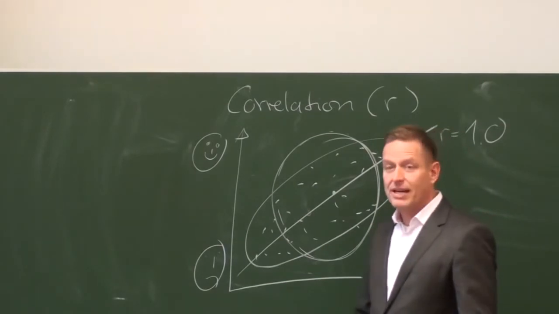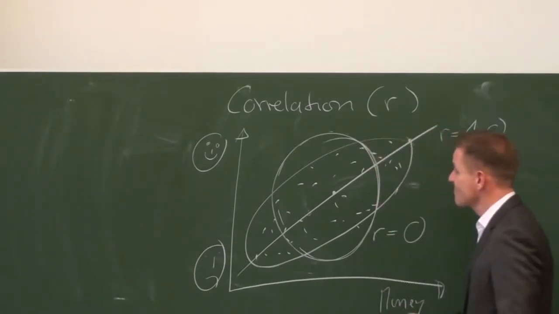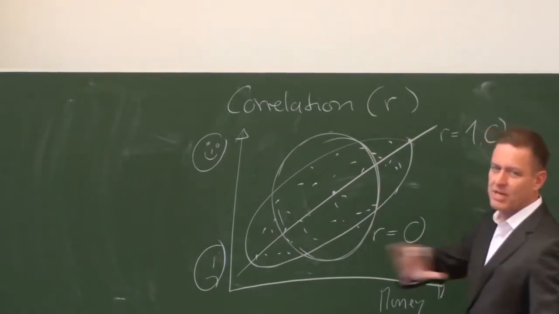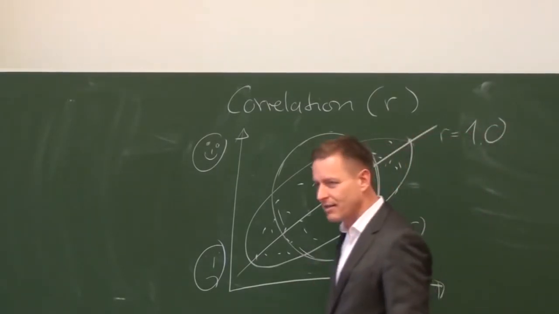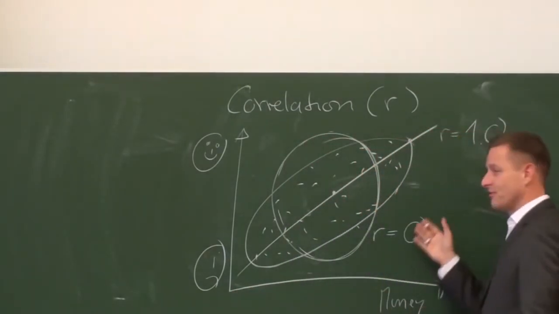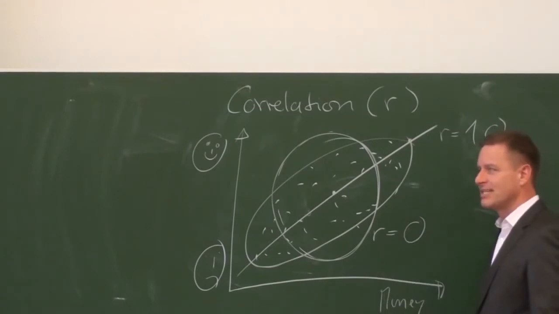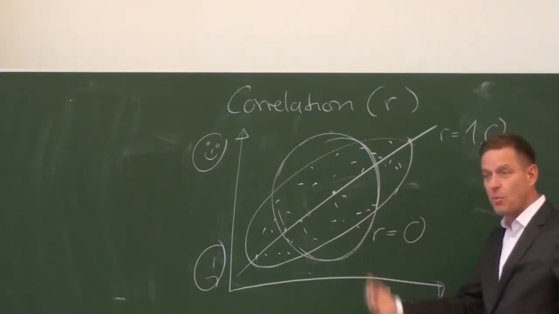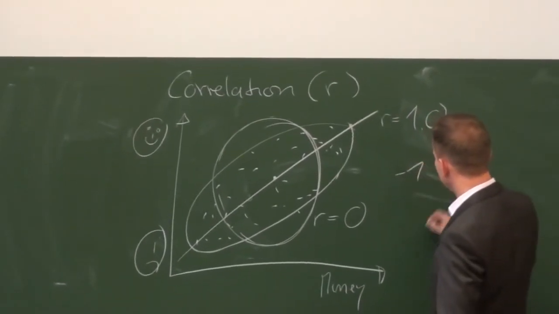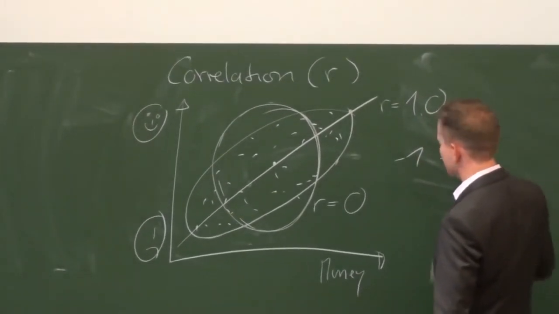Okay? In practice, we hardly get a correlation of 1. Whatever you measure, you hardly get a correlation of 1. More often you get a correlation of 0, but in most cases it's somewhere in between, or I must be more correct, it would be between -1 and +1.